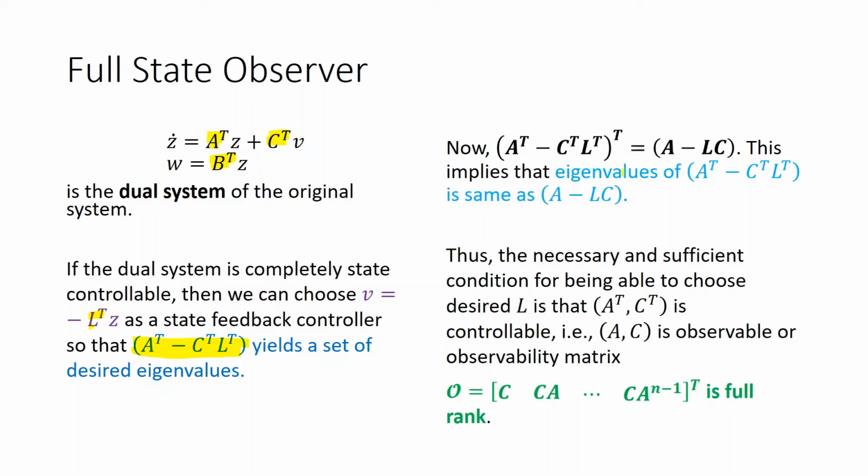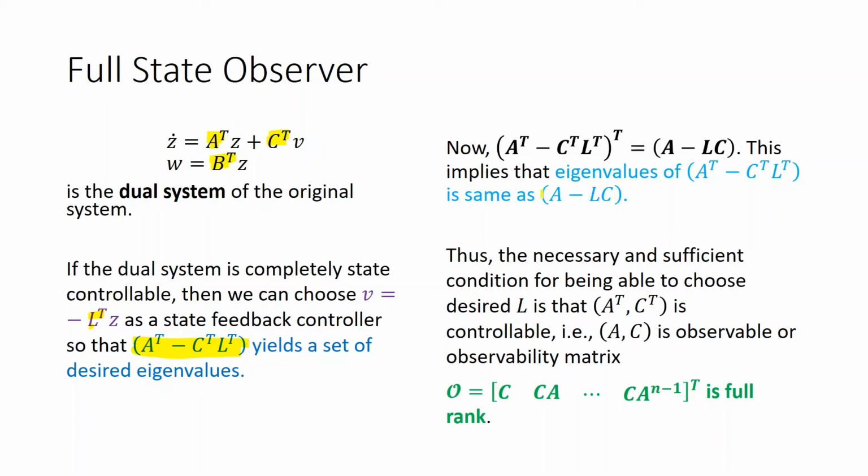Now there is a simple math which shows that the transpose of this closed loop matrix, A transpose minus C transpose L transpose, is basically A minus LC. This means that the eigenvalues of A transpose minus C transpose L transpose are the same as the eigenvalues of A minus LC.